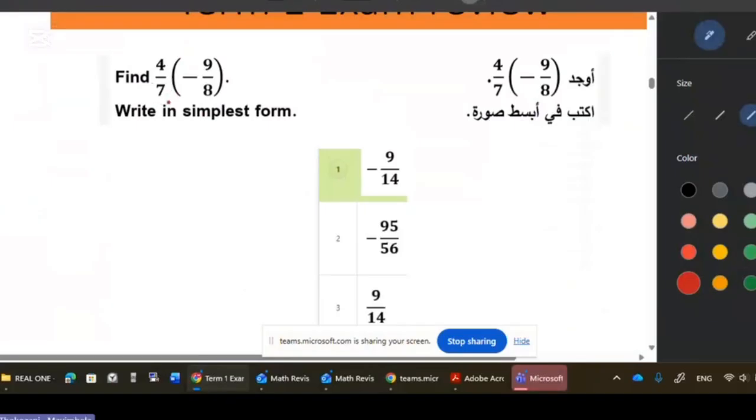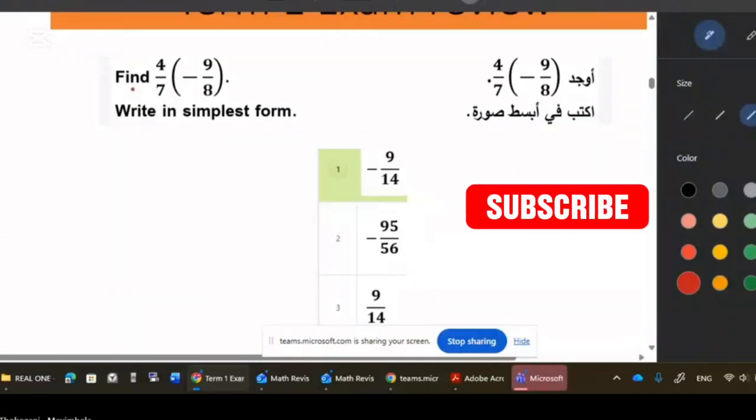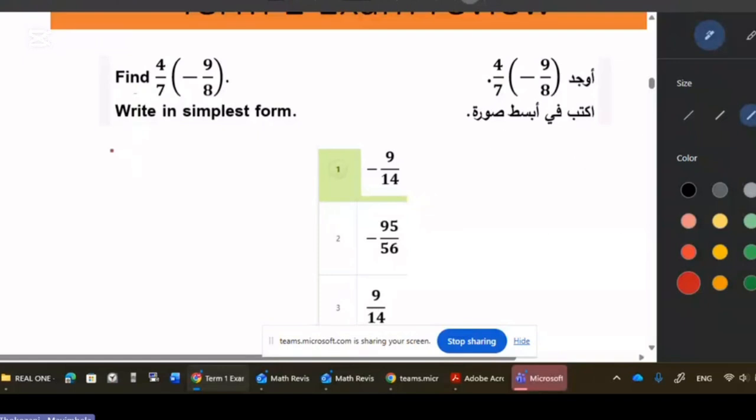When it is a multiplication, you don't have to worry about making the denominator the same. You can just multiply 4 multiplied by 9 all over 7 multiplied by 8.